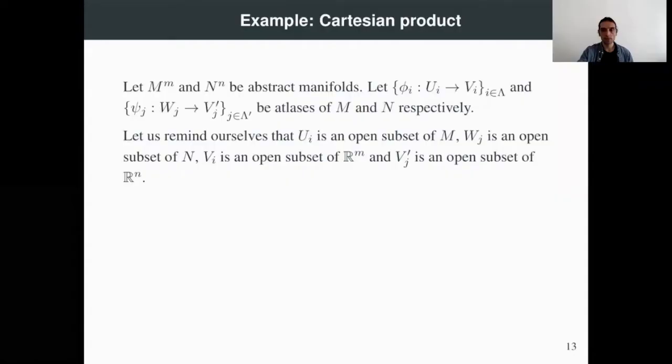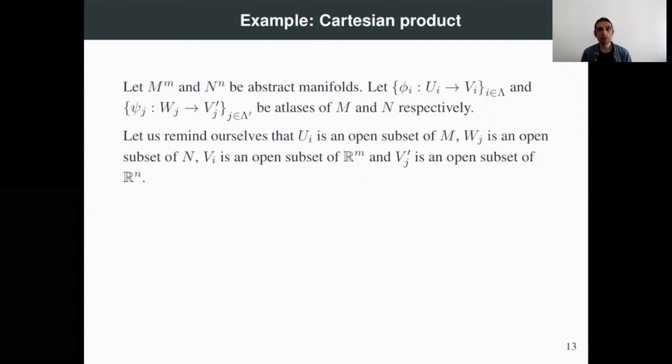into some Euclidean space. So we're considering here two abstract manifolds, big M and big N, whose dimensions are respectively small m and small n. And we consider atlases of M and N respectively.